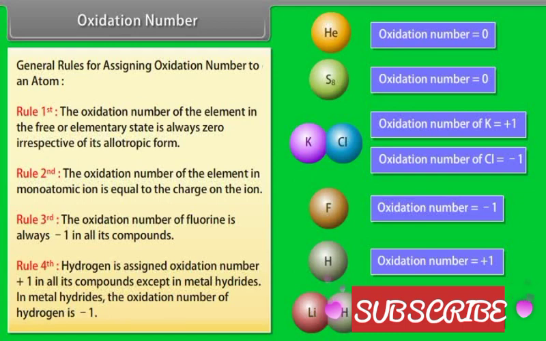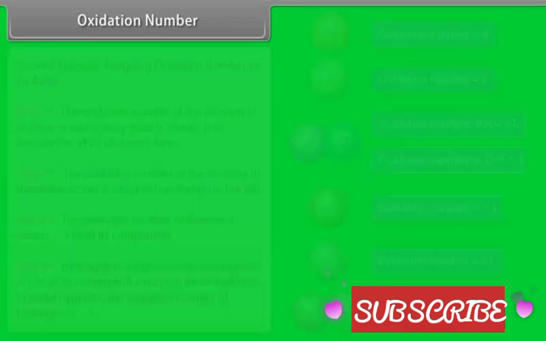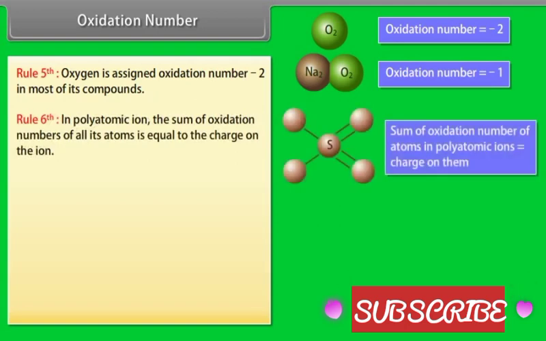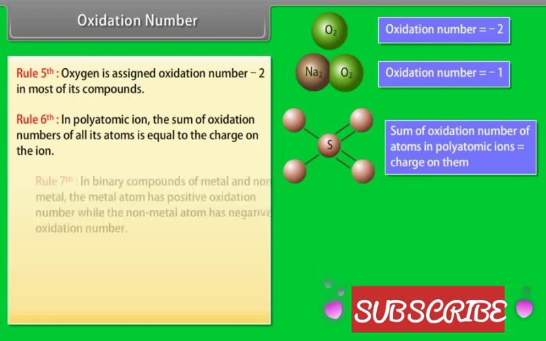In metal hydrides, the oxidation number of hydrogen is -1. Rule fifth. Oxygen is assigned oxidation number -2 in most of its compounds. Rule sixth. In a polyatomic ion, the sum of the oxidation numbers of all its atoms is equal to the charge on the ion. Rule seventh.